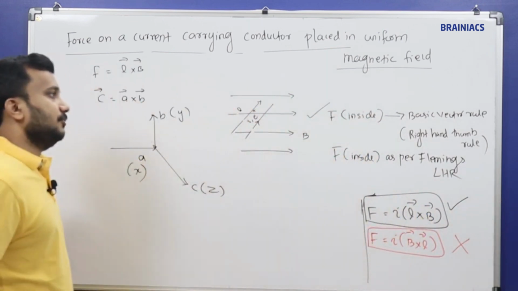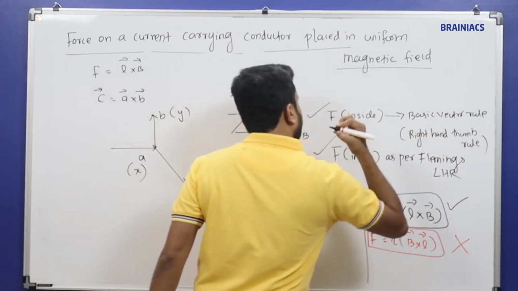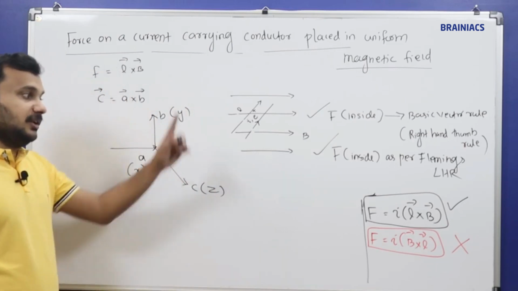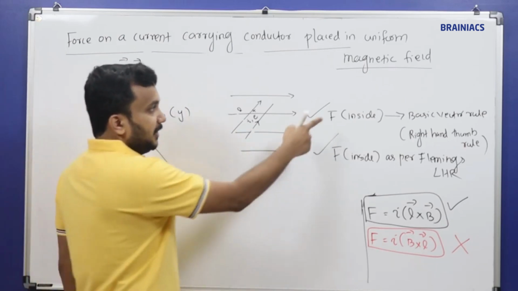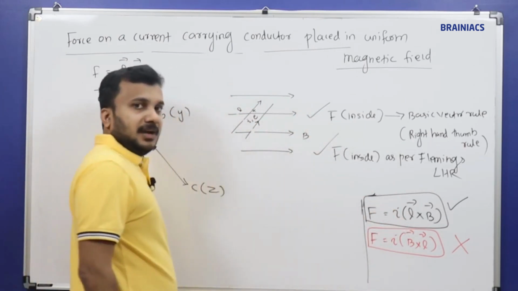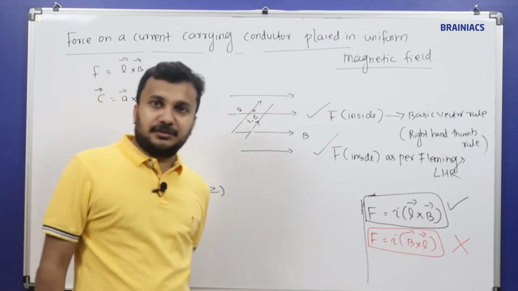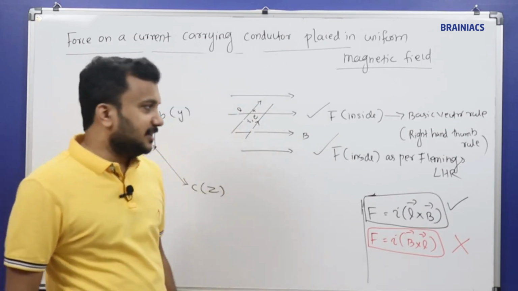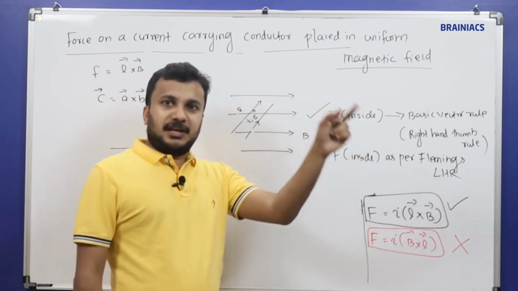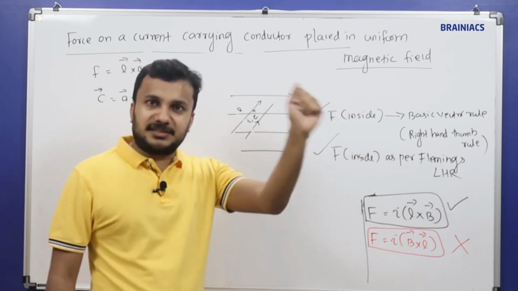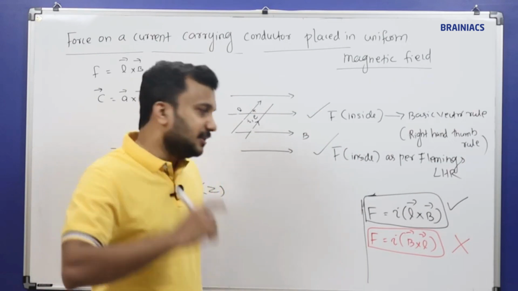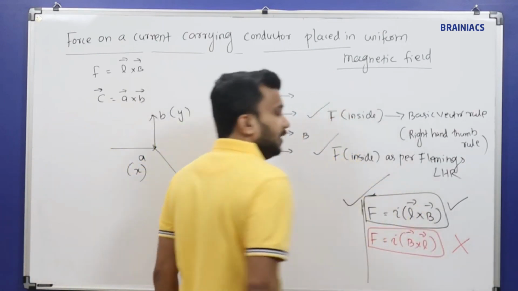So both are yielding the correct result, because if I take L cross B, I get a force direction exactly the same as with Fleming's left hand rule. Both ways it's giving the same direction, which means this is a correct statement.